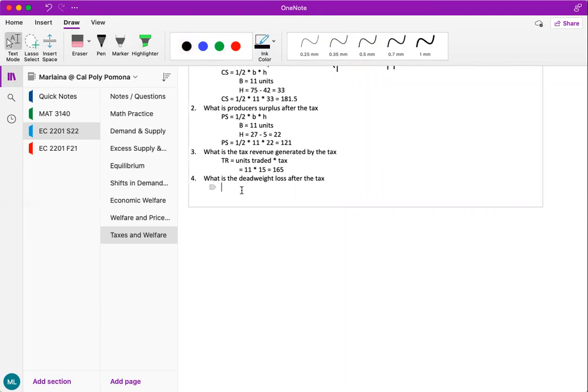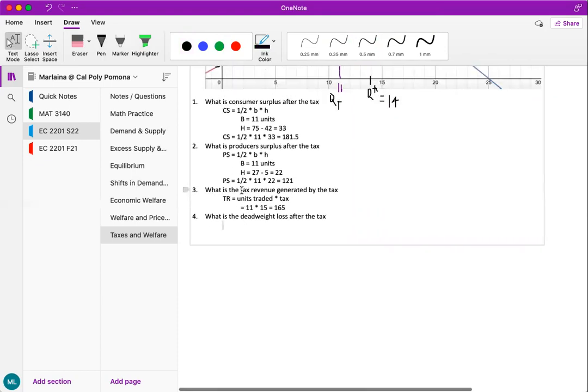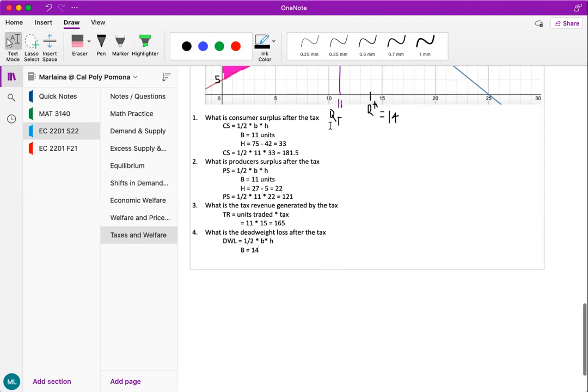It is indeed 14. So in that case, we have our deadweight loss is again 1/2 times base times height, where our base is going to be the difference between our equilibrium quantity and our quantity traded under the tax. 14 minus 11 is 3. Our height is just going to be equal to the tax, which is 15.